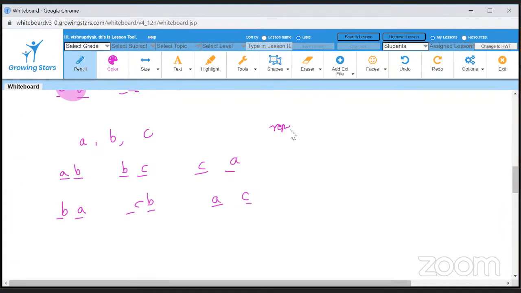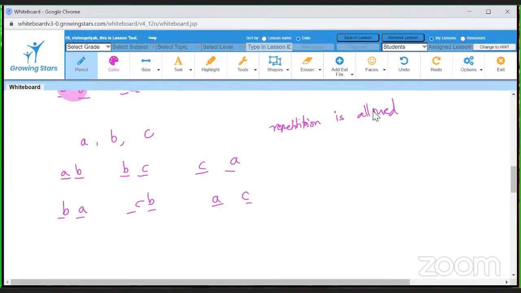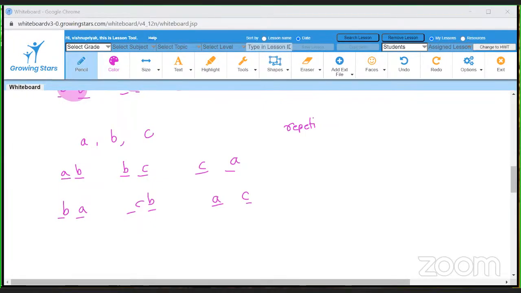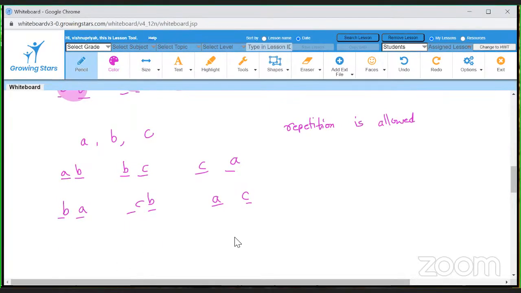Now if repetition is allowed, then I will add 3 more cases.